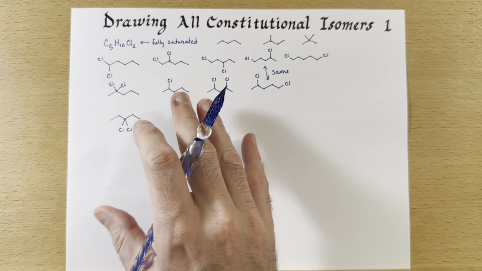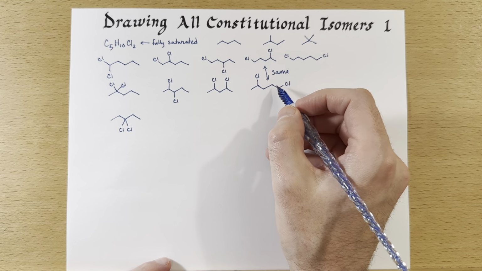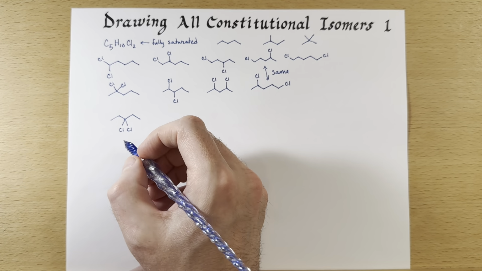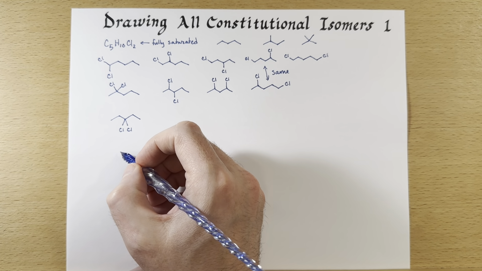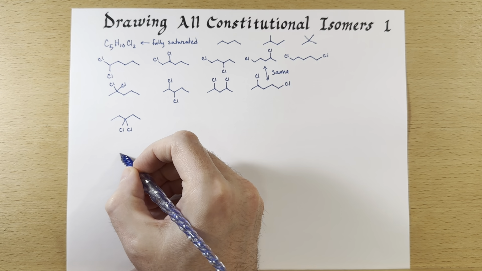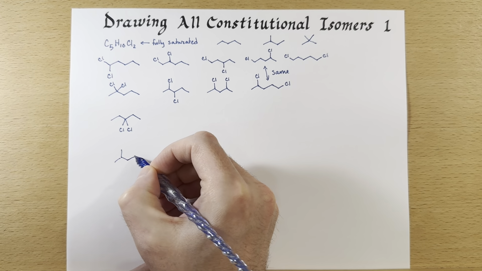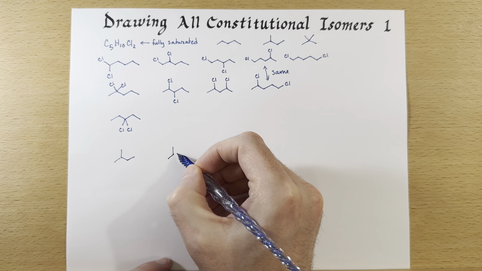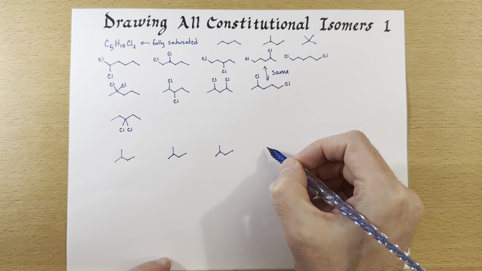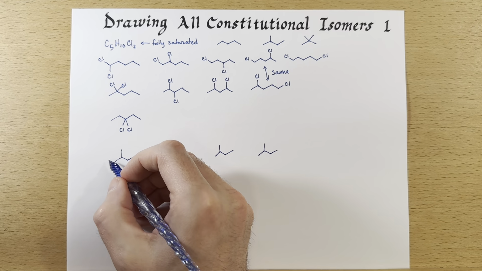So we're done with all the possible combinations of the straight chain. Now we have to repeat this moving around the chlorines for the branched chain. Draw a few out.